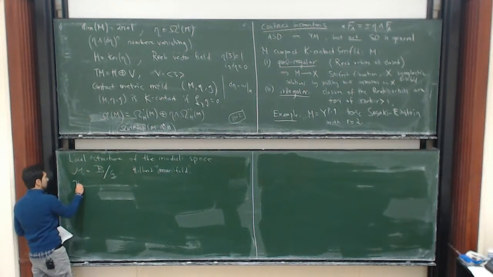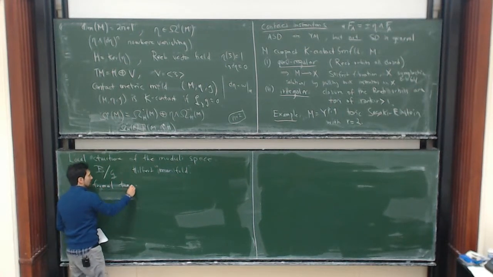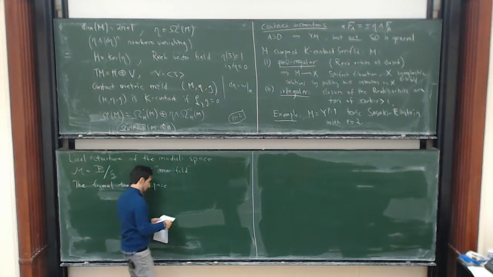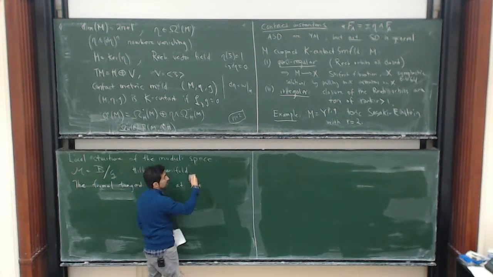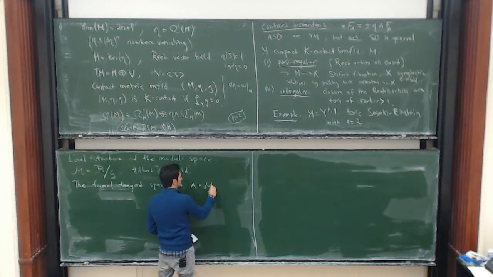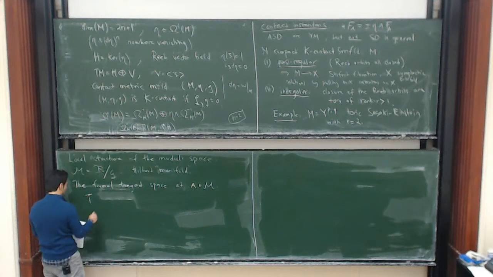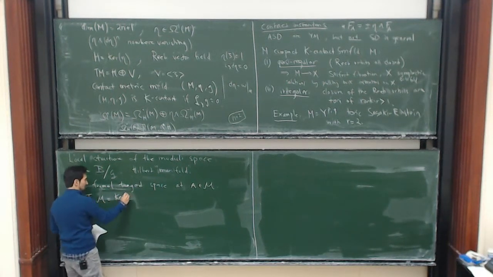So in other words, the formal tangent space at the point A, say, being a solution to either the self-dual or anti-self-dual instanton equations, is described by a DGLA.